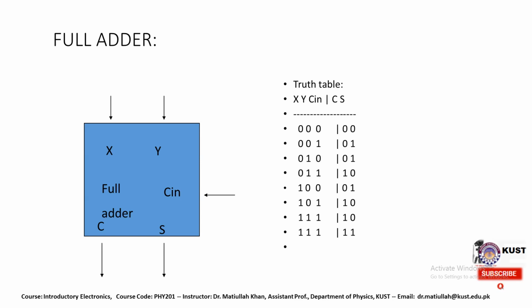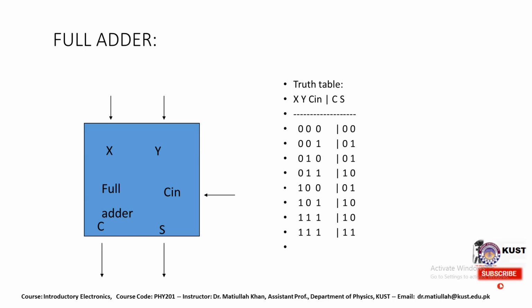For that binary number system, we use digital circuits. Adders and subtractors are basically the basic building blocks of the circuit used for that particular configuration, where we can add or subtract the data.